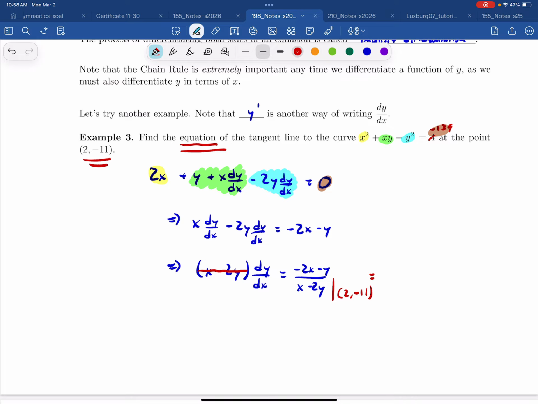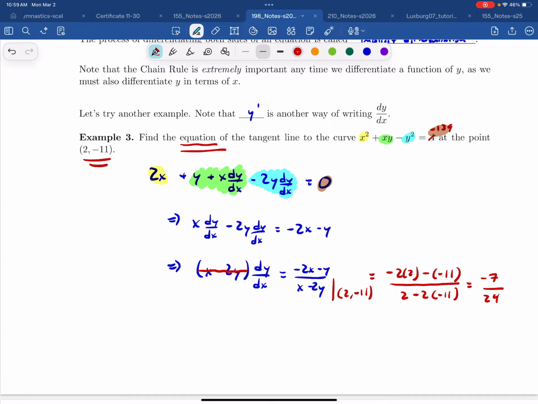And so then this gives us negative 2 times 2 minus negative 11 all over 2 minus 2 times negative 11. And when you simplify this out, I think you get negative 4 plus 11, negative 7 divided by 24.